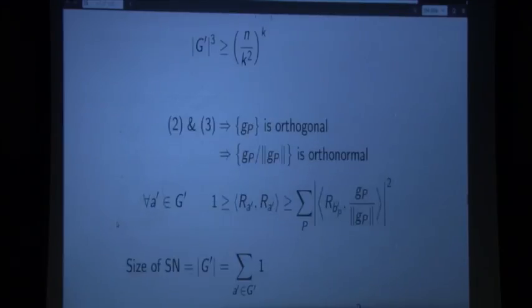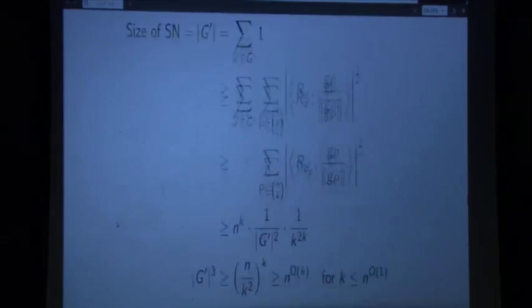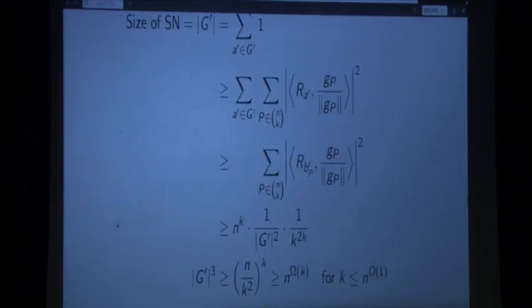So it will be at least n to the k when k is polynomially related to n. This completes the proof.